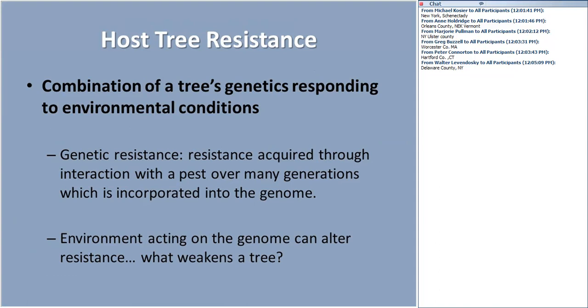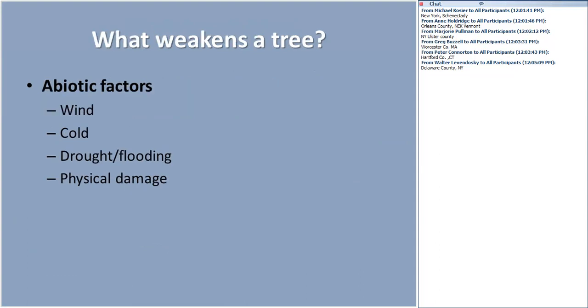As I mentioned, host tree resistance is a combination of genetics responding to the environmental conditions. There's genetic resistance. It's acquired through interaction with the pest over many generations, and they basically co-evolve. And it's incorporated into the genome, where the environment acts on the genome and can alter resistance over time. So one of the things that I think about when I'm traveling around looking at woods, what are the stressors that trees see?